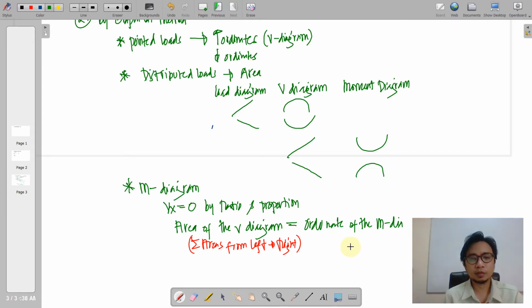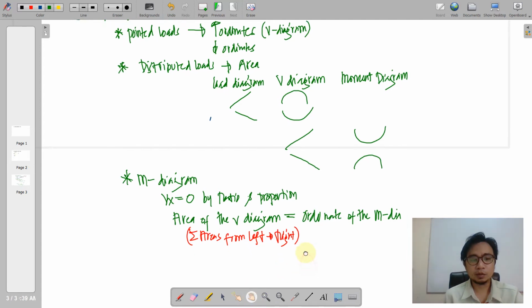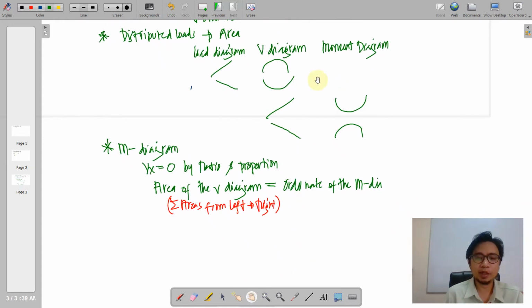Of course, we note whether it is a positive area or a negative area, and we should consider that in the calculation of the ordinate of the moment diagram, and then apply the connector: if increasing, concave upward; if decreasing, concave downward.